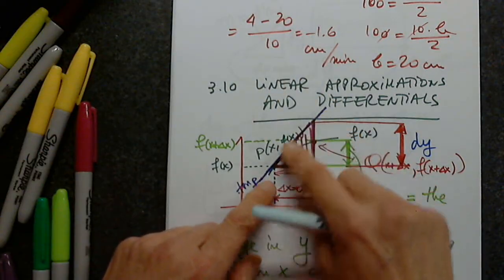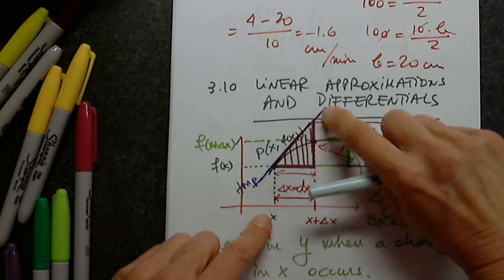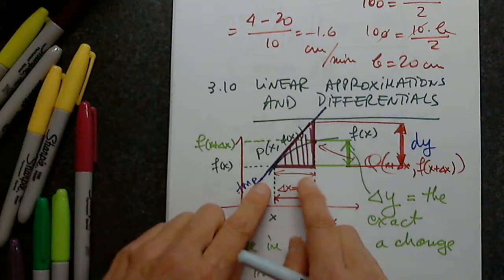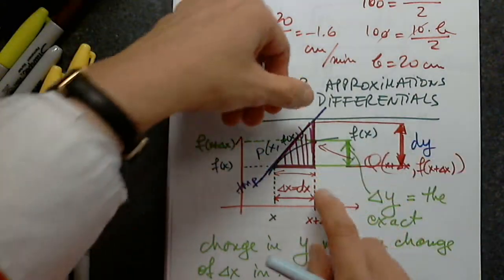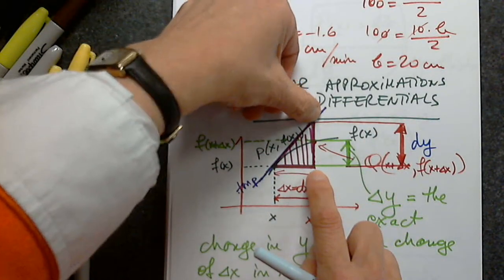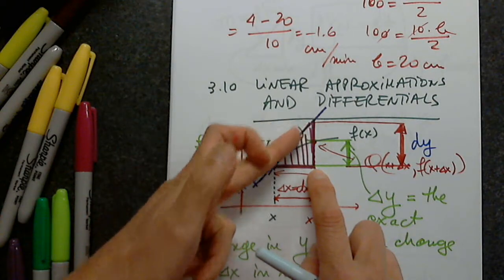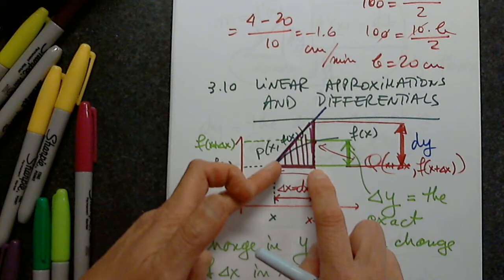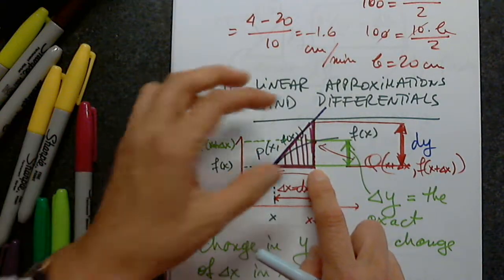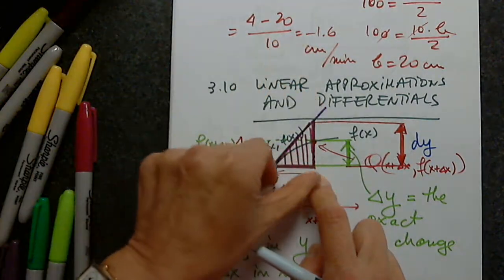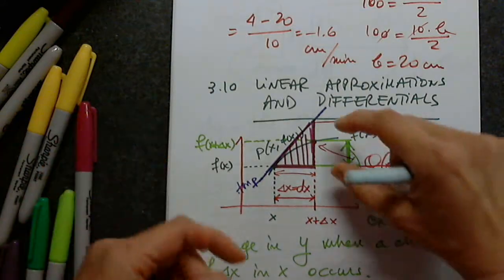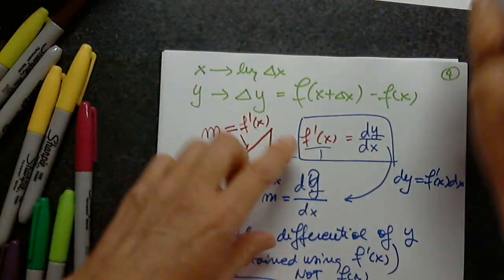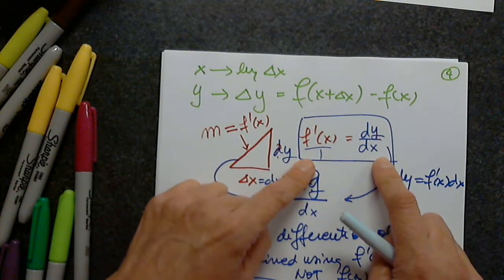Then we created a right triangle and used f prime of x. But this is dx. The question is, what is this? The slope of this line is f prime, and is also the rise over run, so f prime must equal dy over dx.